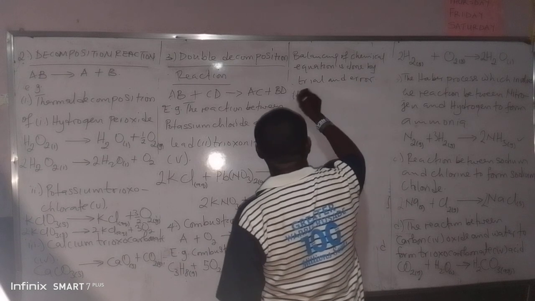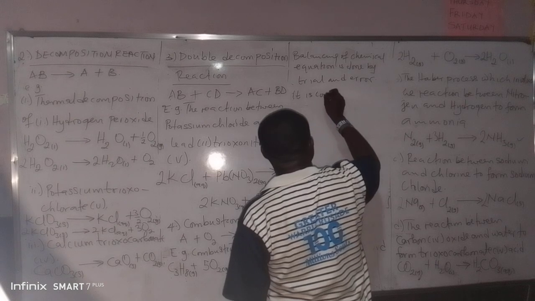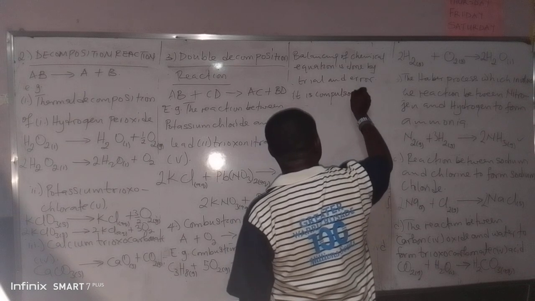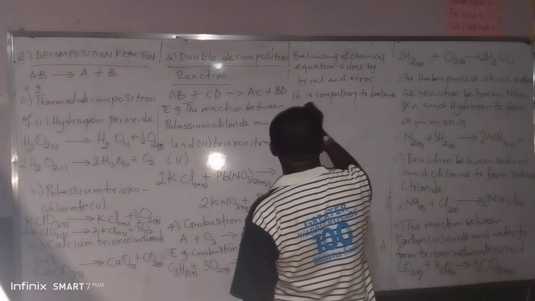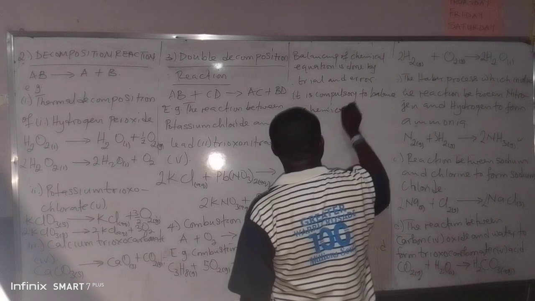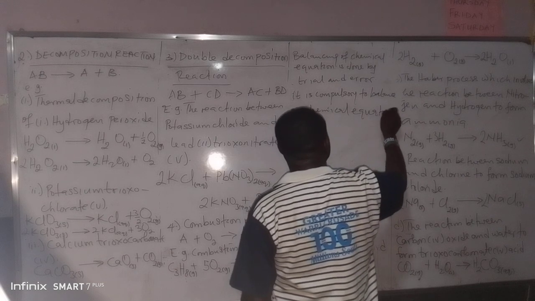It is compulsory to balance a chemical equation. Why?